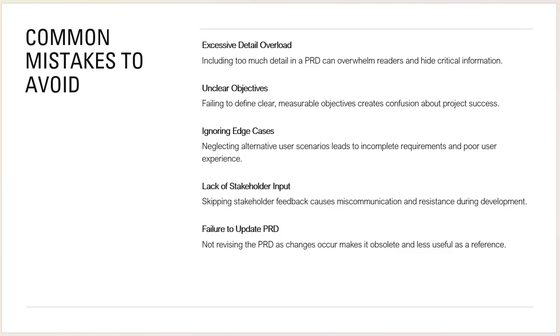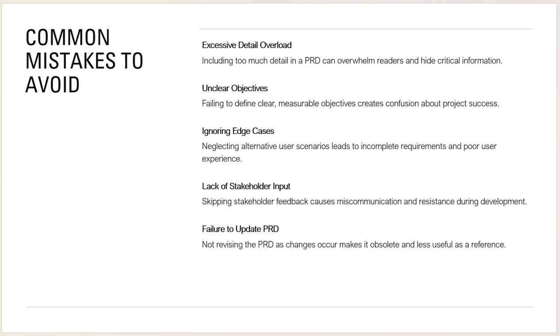Ignoring the edge cases and alternative user scenarios can also lead to incomplete requirements and poor user experience. Additionally, neglecting stakeholder input during the drafting process can cause miscommunication and resistance later.